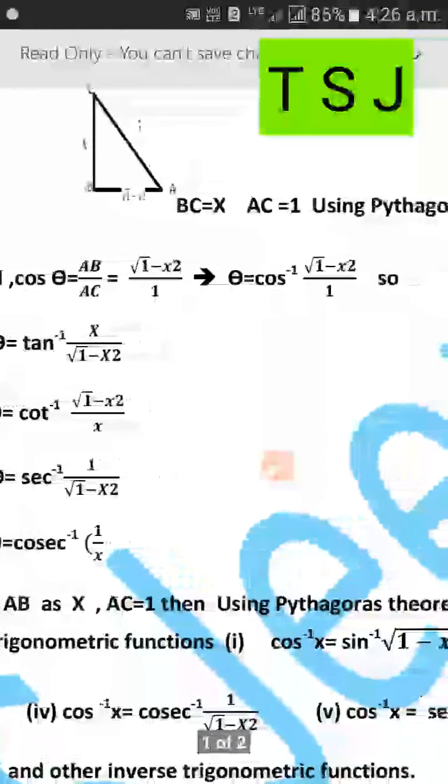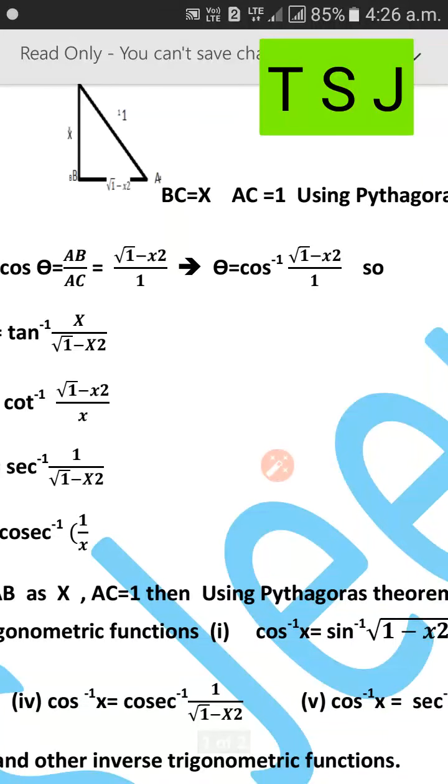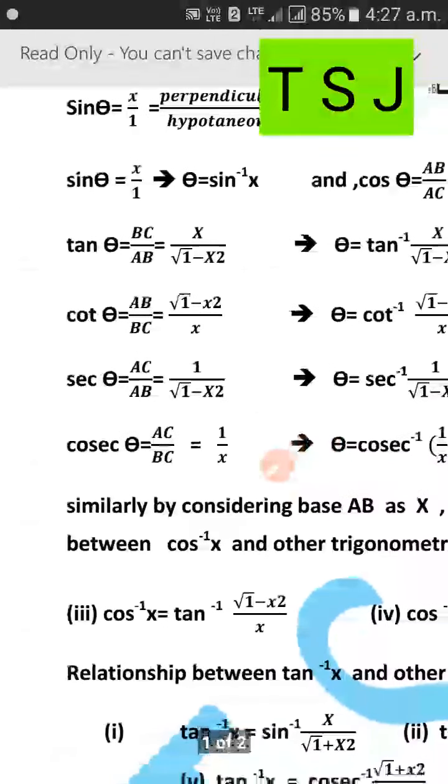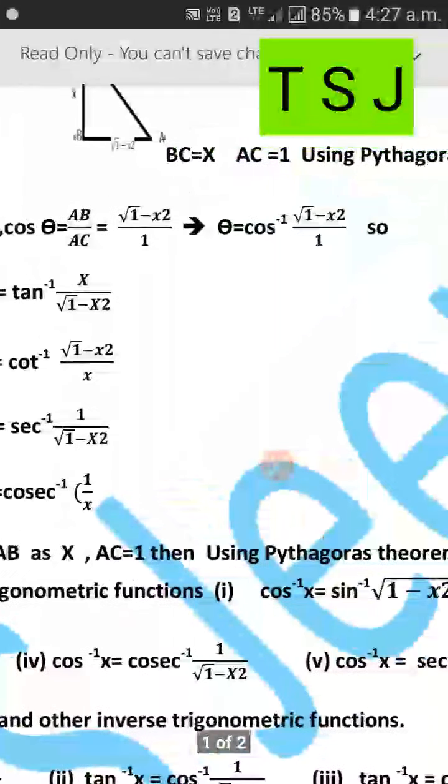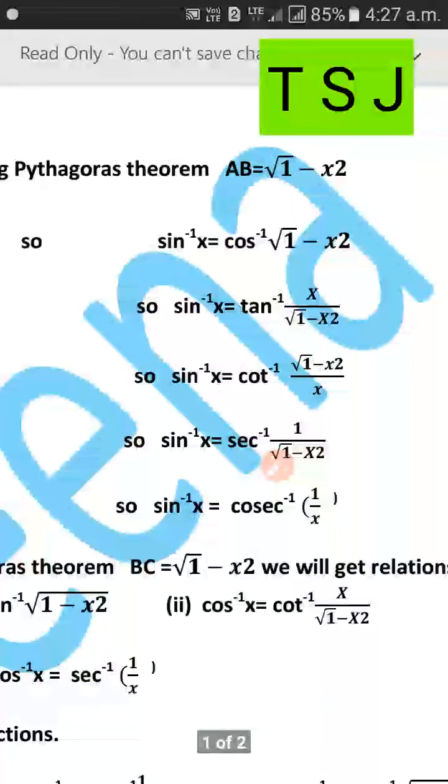It means theta is equal to cos inverse under root 1 minus x square. So comparing both thetas, you have a relation that sine inverse x is equal to cos inverse under root 1 minus x square.